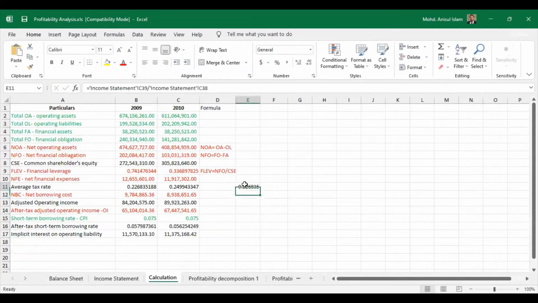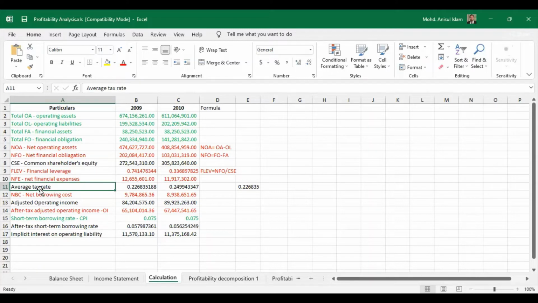So you see, this is the effective tax rate. Here we have identified an average tax rate. So we see the Bangladesh Lamps Company on an average incurs an effective tax rate of 22 to 25, or on an average 23%.